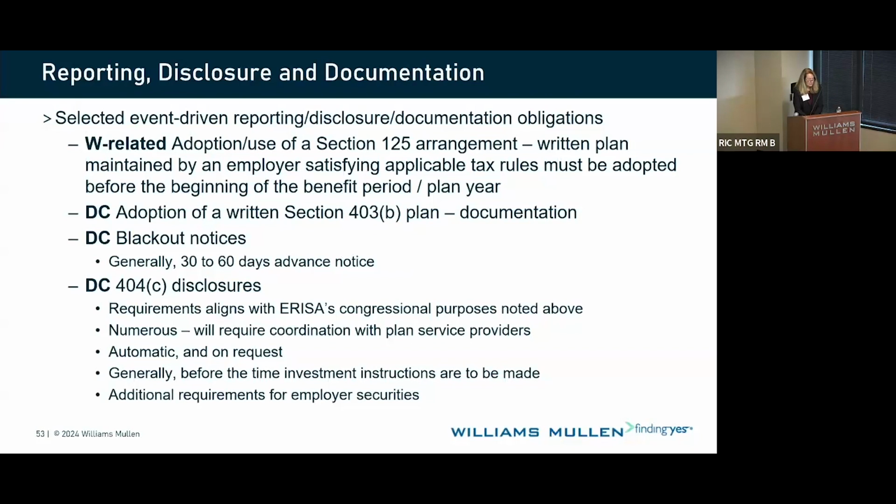Blackout notices, a 125 plan, adoption of a written 403(b) plan. That means there has to be a plan document. 404(c) disclosures, those are disclosures that can provide an employer with, I'm sure most of you are familiar with, some protection from individual investment choices, provided that the investment choices have been selected through prudent practice.